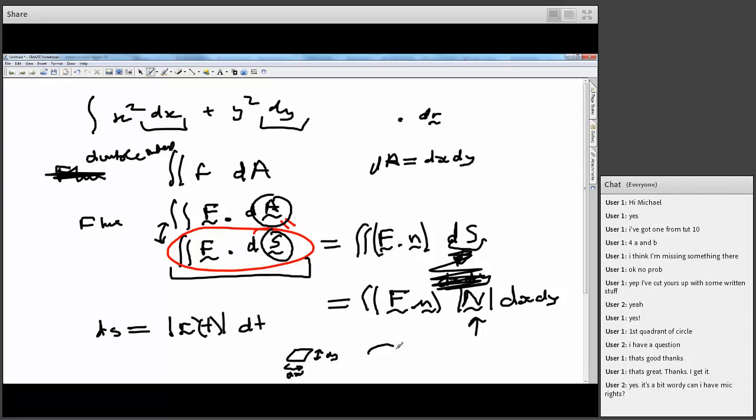But if it's a curved region like that, even though the lengths of the individual parts might be dx and dy, because it's curved, it may not look like a rectangle from above. It could be a bit bigger or a bit smaller, so we need to introduce another term to capture how curved it is, and that's called the length of n.